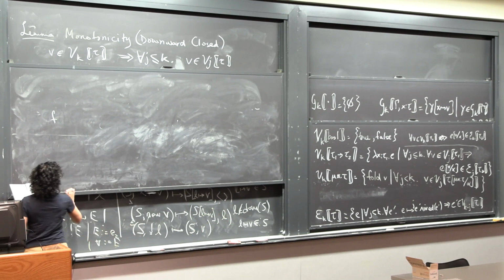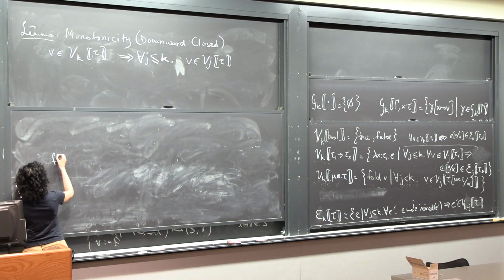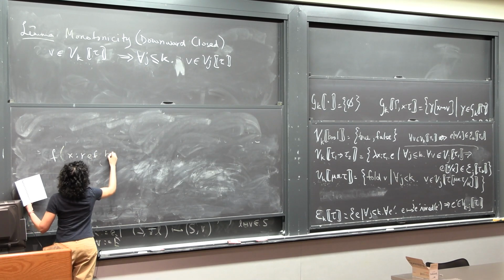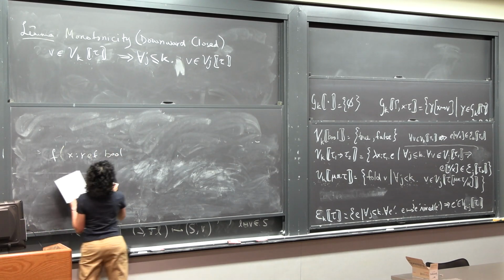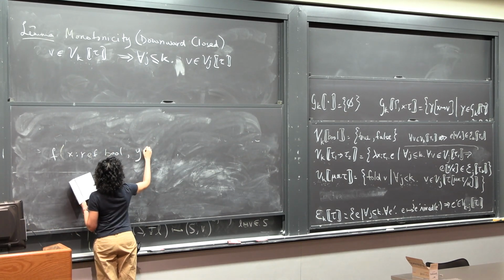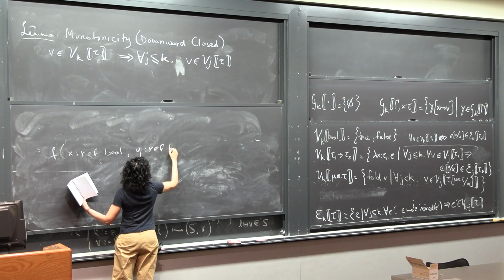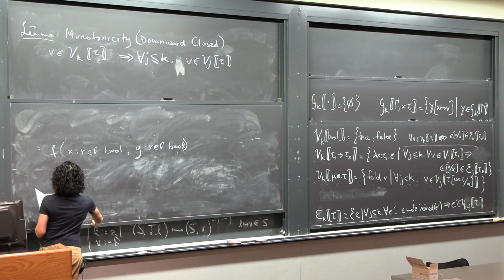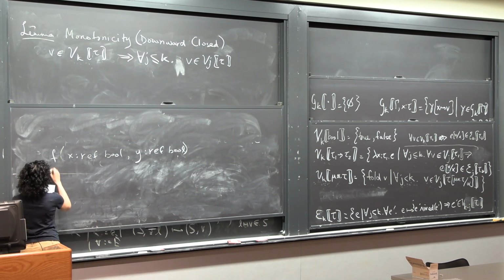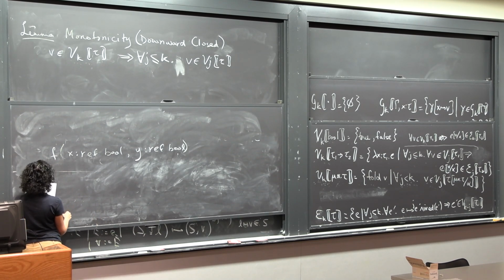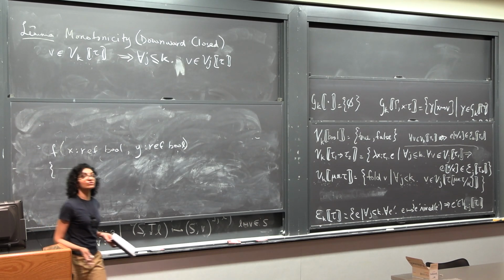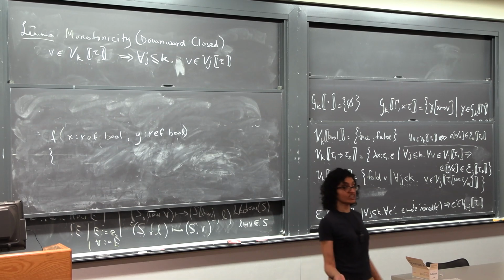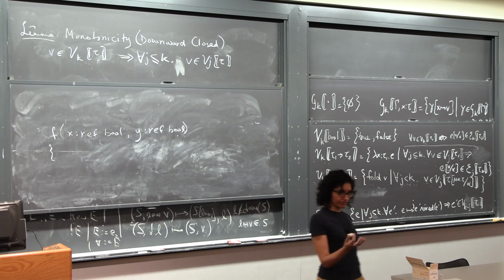So let's look at an example. If I have a function f that takes two inputs, x that is a reference to a Boolean and y that is a reference to a Boolean. Suppose in the body of this function, suppose I allow you to do deallocation. Deallocation is also a form of changing the type of the cell, right? Because you're going to get rid of it.